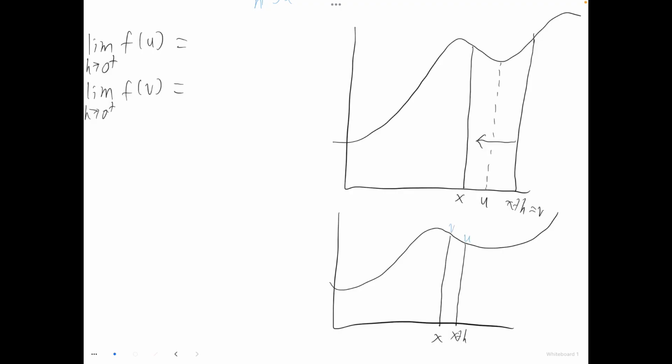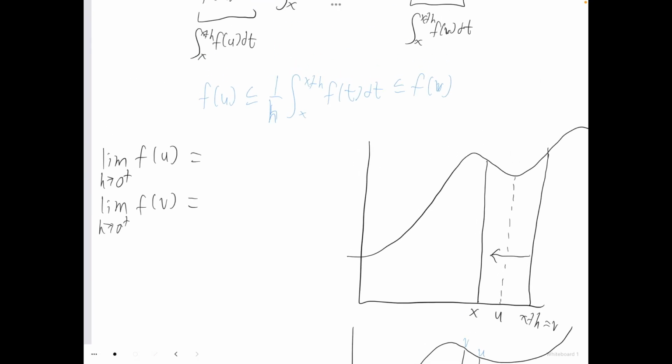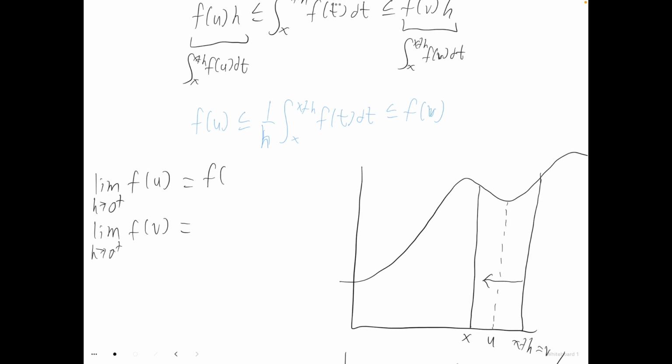But as I keep pushing them closer and closer, they're both going to collapse down on x. And so because of that, f of u is going to end up being f of x, and f of v is going to be f of x. It's just this idea that we're collapsing everything by sliding h closer and closer to x, so that the min and max have to both happen right at x in the limit.